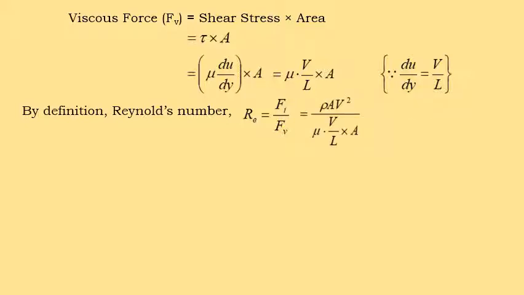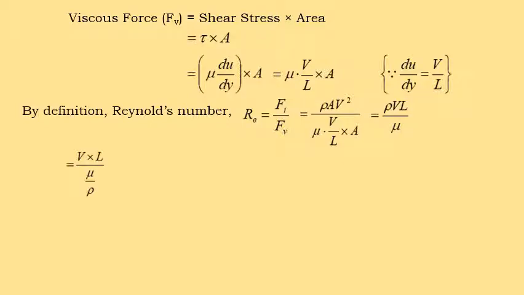Substitute the expressions for these two terms: rho A V square for inertia force, and mu into V by L into area for viscous force. So now area A gets cancelled. The velocity term V in the denominator and numerator also gets cancelled. Finally, the remaining terms are rho V L by mu.